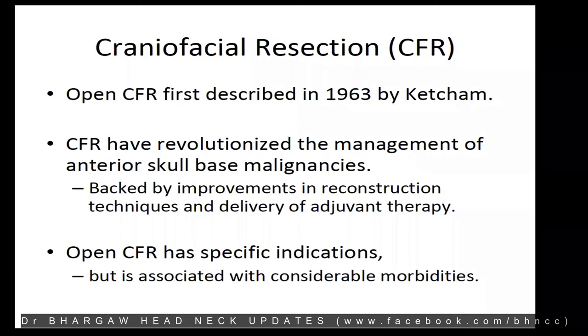That's why people have slowly switched over to endoscopic CFR whenever it can be done safely, by achieving a negative margin and reconstructing the defect adequately with acceptable morbidities. And when it is not possible to have this, open CFR is definitely the option of treatment.